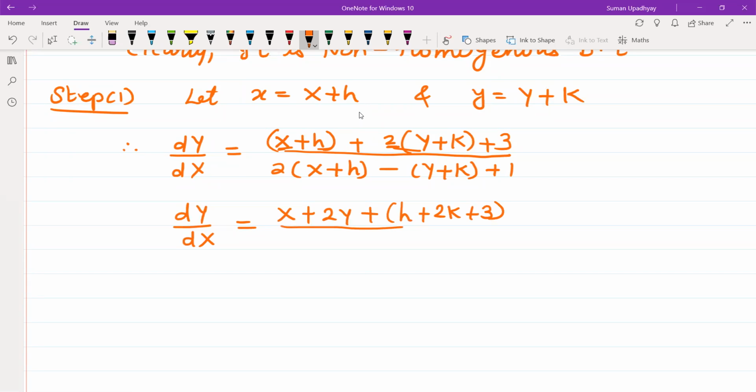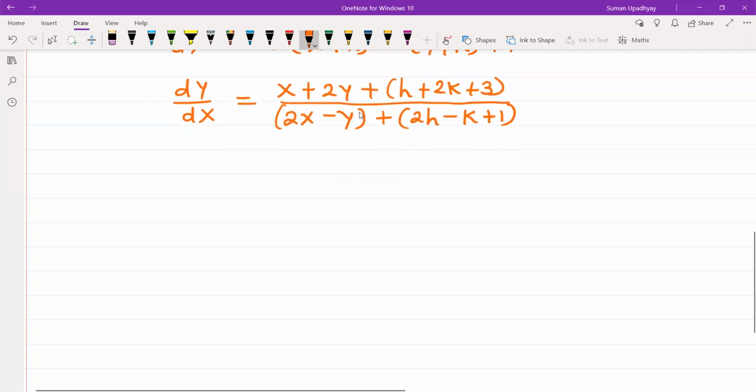So in this step, I have collected all the variables together and all the constant terms together. The same thing you will do in the denominator. The denominator will become 2 times X minus Y, so I collected all the variables together. Now collect all the constants together, which is 2h minus k plus 1. Will this become minus k or plus k? Minus k, because if I open the bracket, the minus will come inside and it will become minus k.